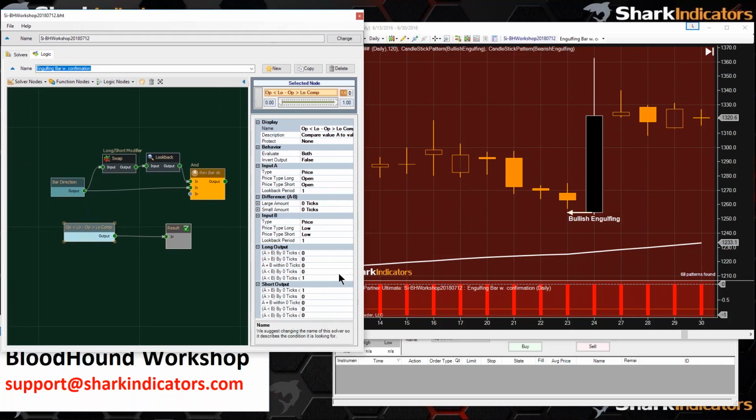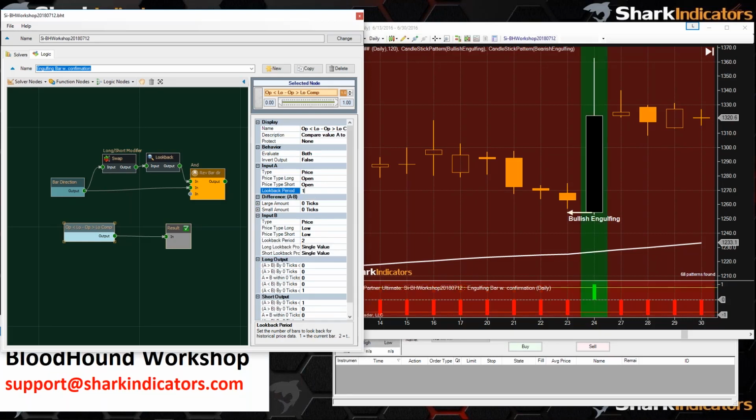What I was doing is comparing the open of the current bar to the low of the current bar, but it was supposed to be the previous bar back, so I should have had a look back of 2.